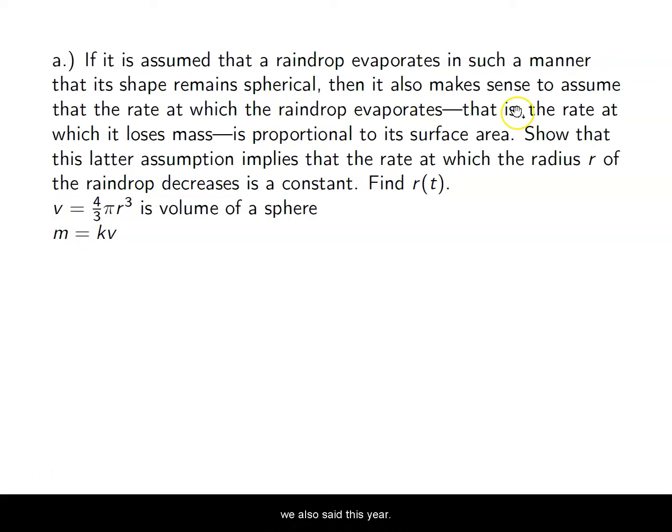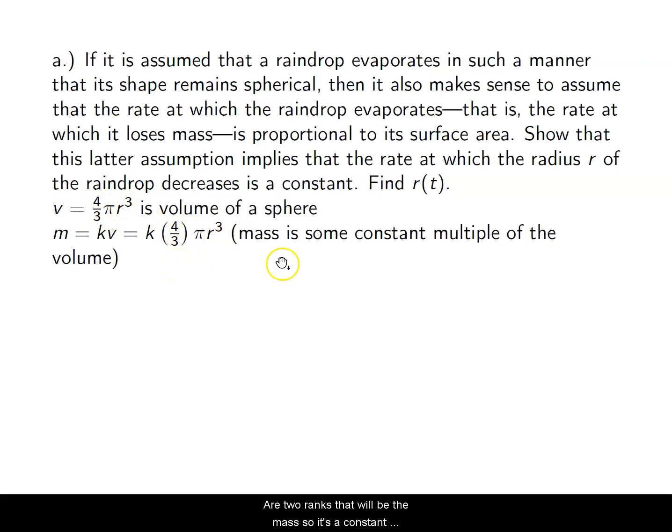So some constant proportionality of its volume is going to be the mass. We also said this here: if it is assumed that a raindrop evaporates in a manner that it remains spherical, the rate at which it loses mass is proportional to the surface area. Its mass should be proportional to its volume inherently, because it's a raindrop. So here I'm going to have mass is k times v, where v is 4 over 3 pi r cubed.